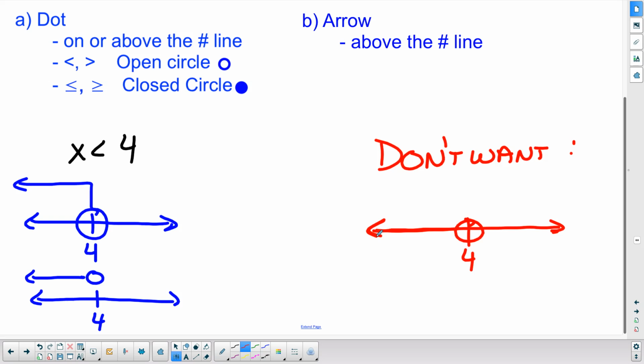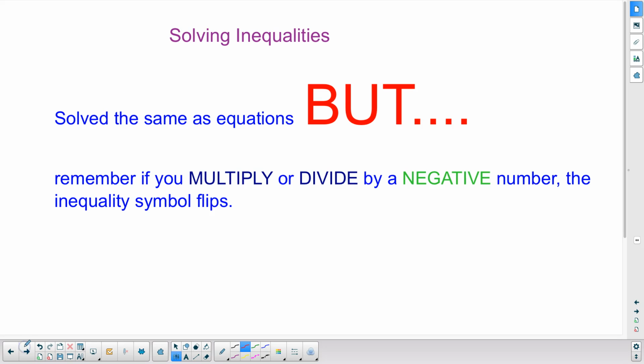Right? All that stuff. Except there's one extra condition. And that extra condition is if I multiply or divide by a negative number, the inequality has to flip around.